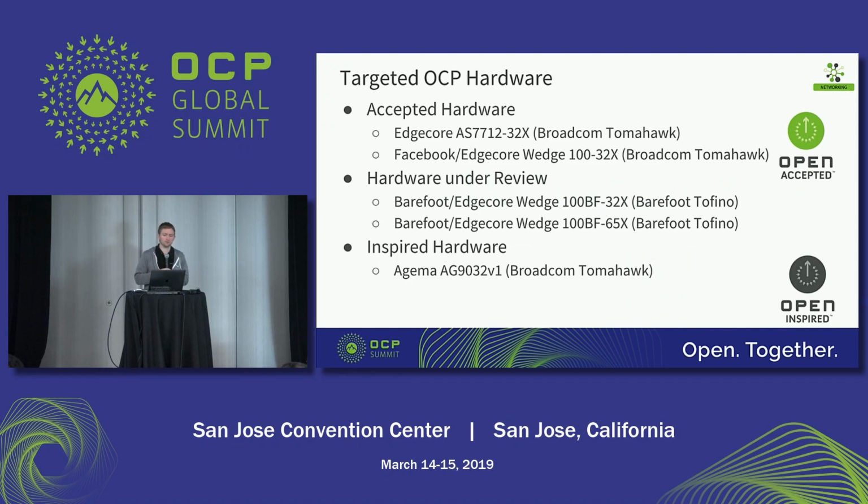From a hardware perspective, we're targeting two ASIC lines, the Broadcom Tomahawk line and the Barefoot Tofino line. And there's some boxes from EdgeCore and Delta that fall under the accepted, under review, or inspired category that Stratum works on today. There's a larger set of devices that fit these two families that are also supported, and we also have ONLP support for as well.